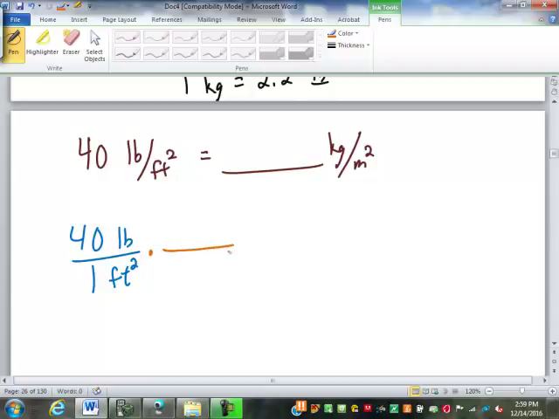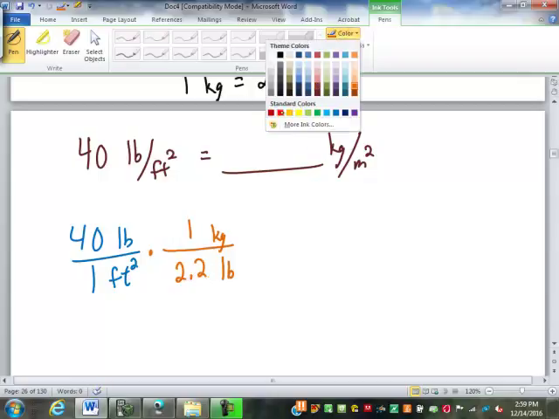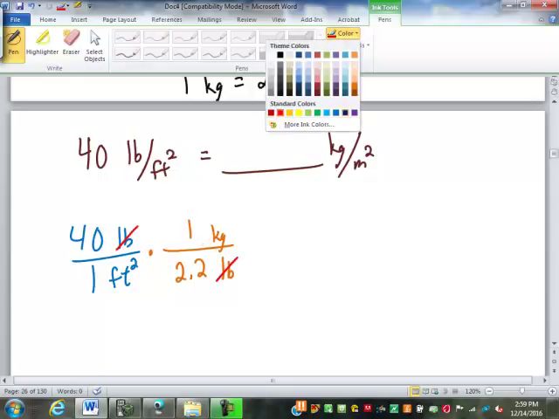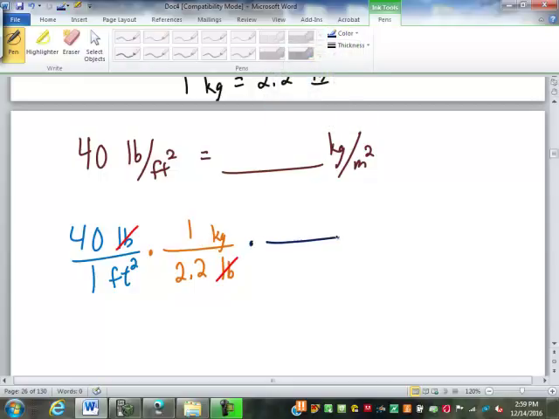We have to get rid of pounds and convert to kilograms. 1 kilogram is 2.2 pounds. Pounds are gone. We have kilograms per square foot. Now we have to get rid of square feet and go to square meters. Well, 1 meter is how many feet?